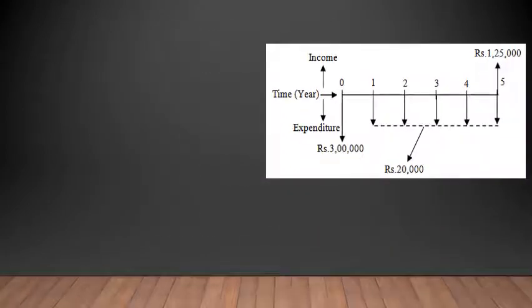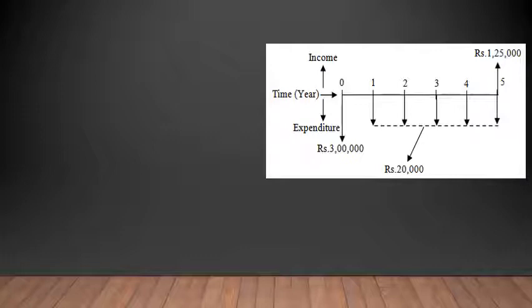As usual, the procedure, whether we follow the future worth method or the present worth method or the annual worth method, remains the same. First we have to draw the cash flow diagram. So cash flow diagram, there won't be any change because the assumptions that we make, the type of the cash flows, cannot change just because the method has changed.